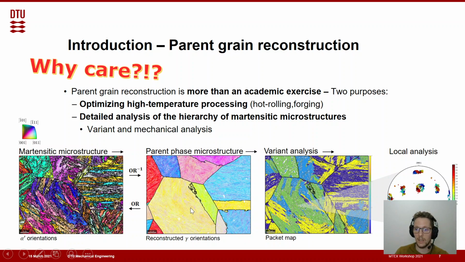Then we can assign variant IDs or packet IDs to these martensitic grains, which means that we can do variant analysis. So we can plot the packet map here, and then go into one grain and plot all the variants that have formed. This is only possible if we do parent grain reconstruction, which is why it's an overarching important technique to develop further in materials science.